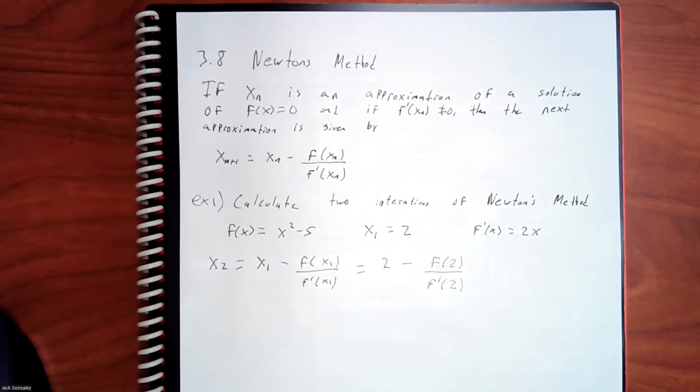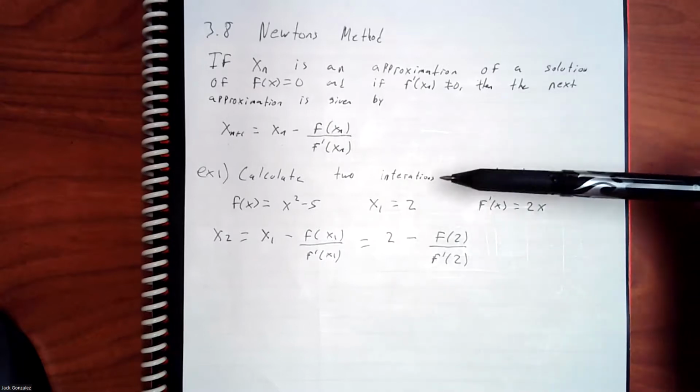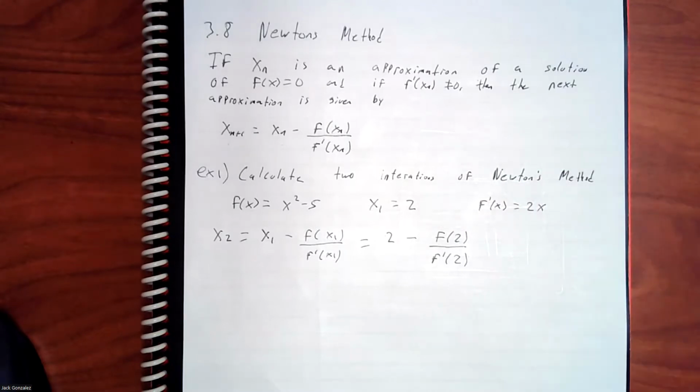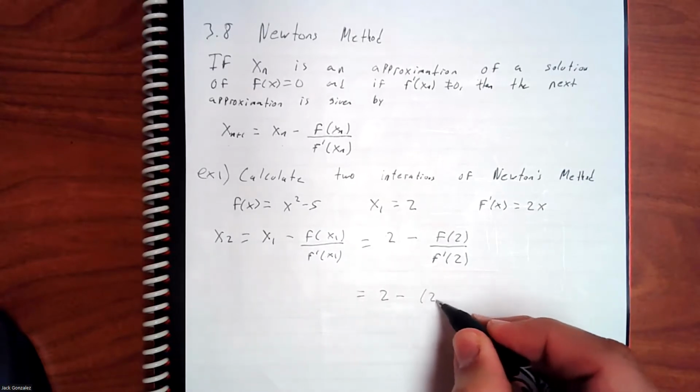Does the notation make sense to you? So we would solve 2 squared minus 5 for the top and then 2 times 2 for the bottom. Yes, exactly, you're right. So plug in the 2.